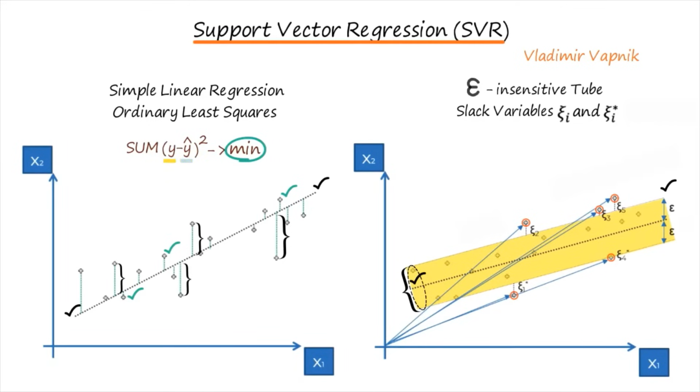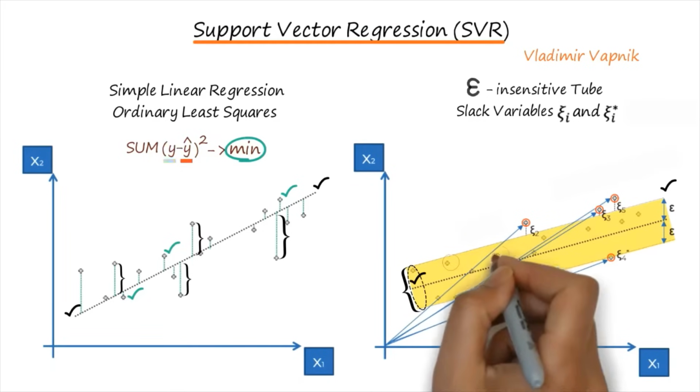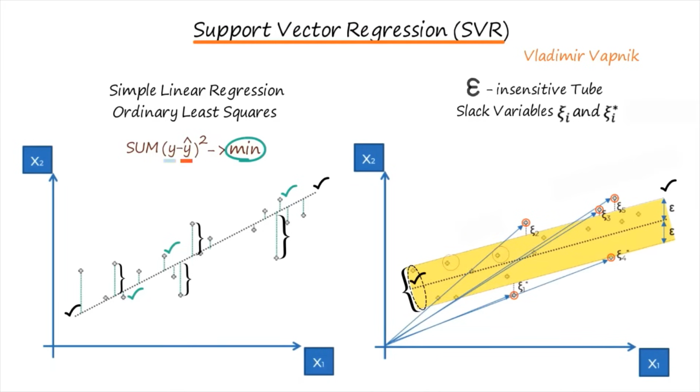So basically, it is a margin of error that we are allowing our model to have and not care about any error inside the tube. Whichever error is visible inside the tube, we are not going to care about it. So any discrepancy or any distance between the points inside the tube and the regression line, we don't care about the error. So this is the key behind SVR.